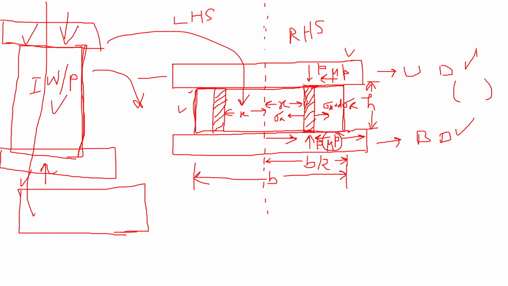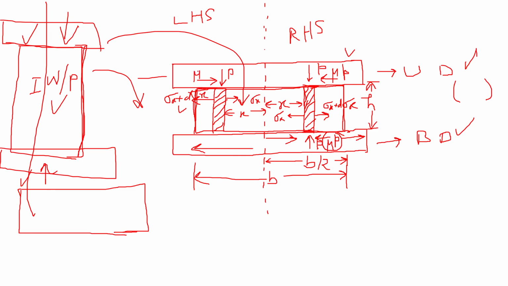On the left hand side, suppose you are having stress sigma x, then at this end the value will be sigma x plus d sigma x. The force acting on it will be P, and the flow of material will be in this direction, so the frictional force will be in the opposite direction.